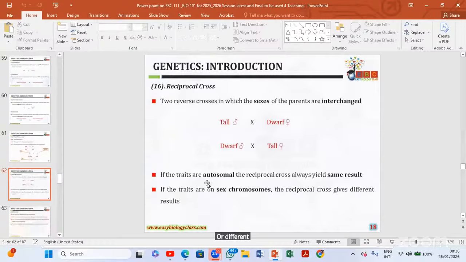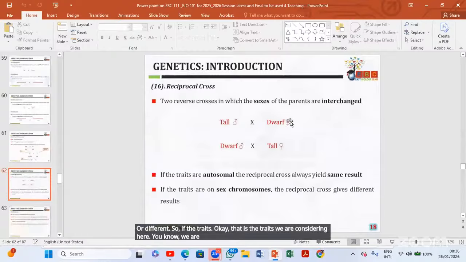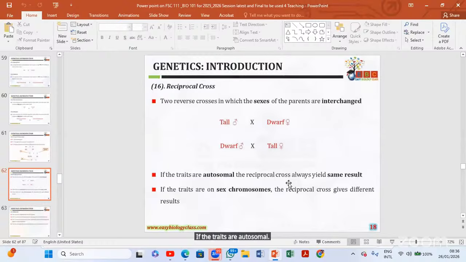So if the traits we are considering here, tallness and dwarfness, are autosomal, the reciprocal cross always yields the same result because the traits are borne by both male and female in equal proportion. So there will be no difference.